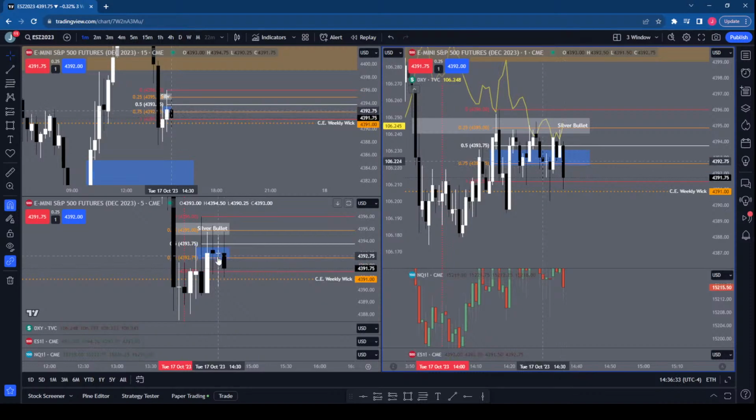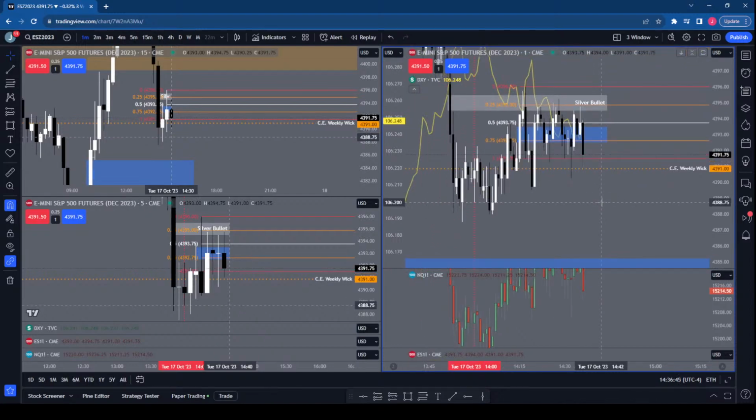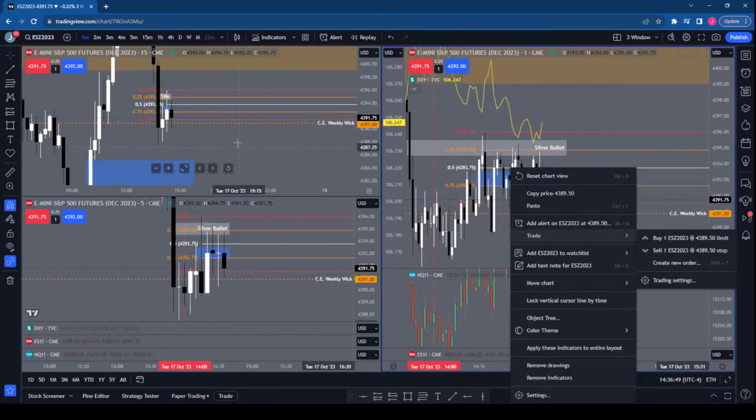But that's 3 candles that respect the consequent encroachment of this wick. So I do feel like, if anything, it wants to sweep some of this liquidity, even if it does want to go higher.